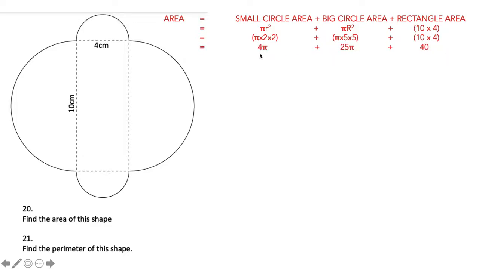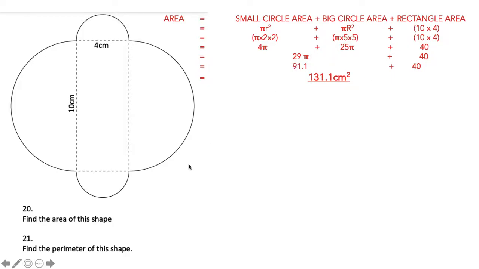So you get 4 times pi plus 25 times pi plus the 40. 4 times pi and 25 times pi together, you could work them out as decimals now, but what I've done is just put them together as 29 times pi, one thing, plus the 40. And then I've worked it out as a decimal after that. So 29 times pi is 91.1 ish, plus the 40 gives you 131.1, and that's in centimeters squared.